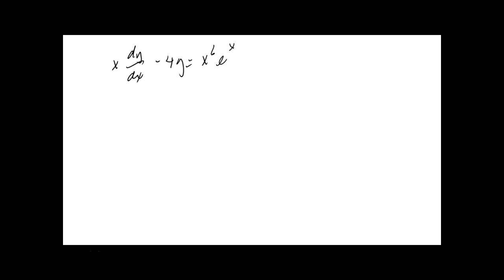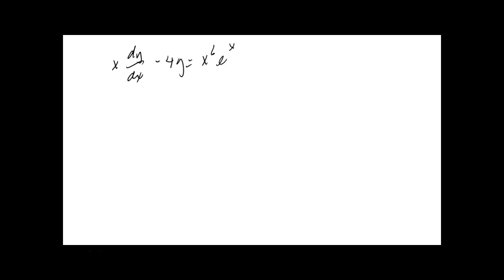Right off the top, I'm going to make a bold statement here. I don't think there's any way in the world this can be a separable differential equation, so we have no way to check this answer. There's also no way this is going to be an autonomous differential equation. So basically, what we have to make sure is, is it a linear differential equation?